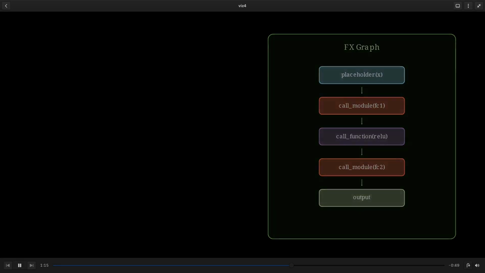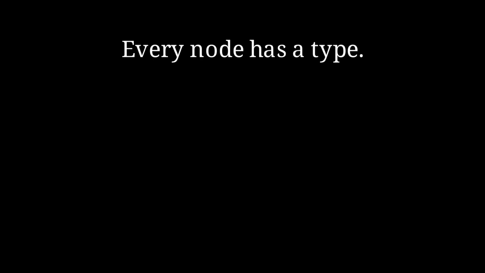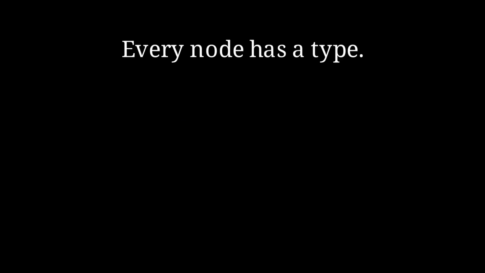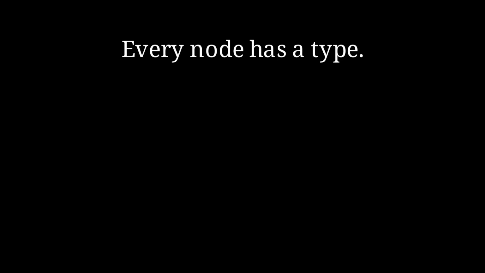Now let's look at what a real FX graph actually looks like. If you look closely, you will see that not every node has the same kind of operation. A placeholder node represents an input of the graph, for example. A call module node calls an nn.Module like linear or layer norm.